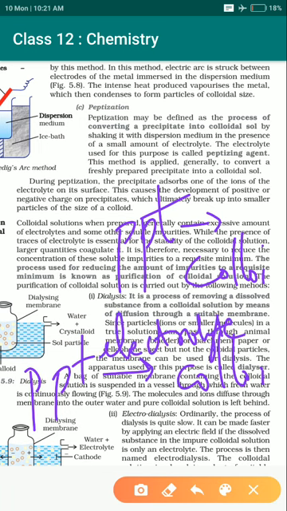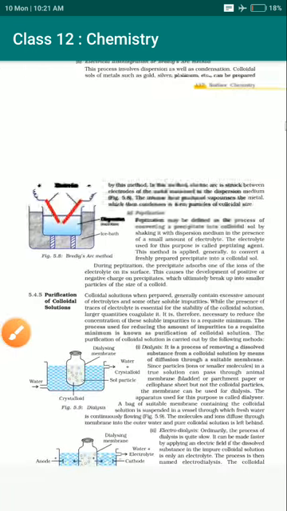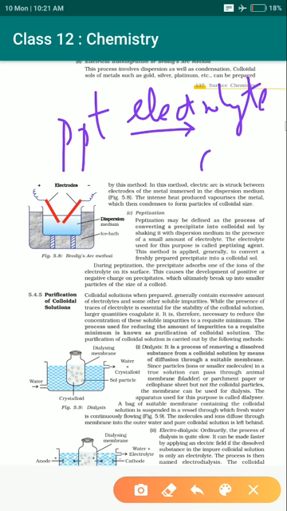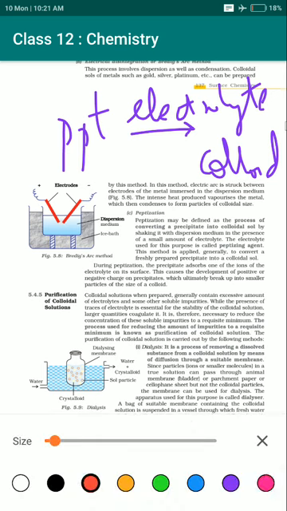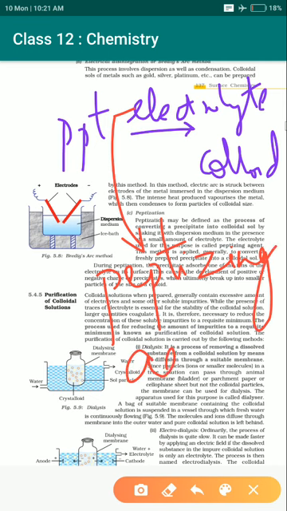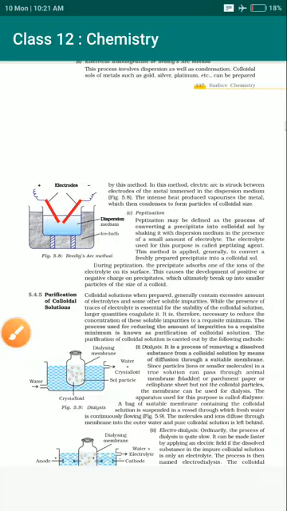You have a precipitate, you convert that precipitate in the presence of an electrolyte, and this in turn forms the colloid. The electrolyte which you use is known as the peptizing agent.